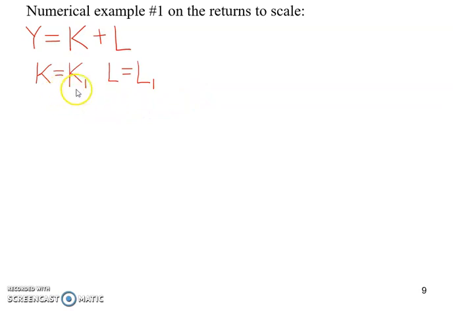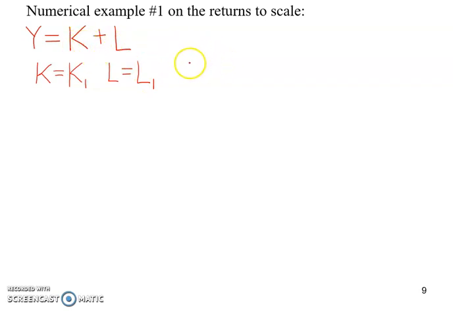The initial level of capital is K1 and the initial level of labor is L1. K1 and L1 could be any amount. For example, K1 could be 10 and L1 could be 100, or K1 could be 20 and L1 could be 50, whatever number you want. Now we plug the numbers into our production function.